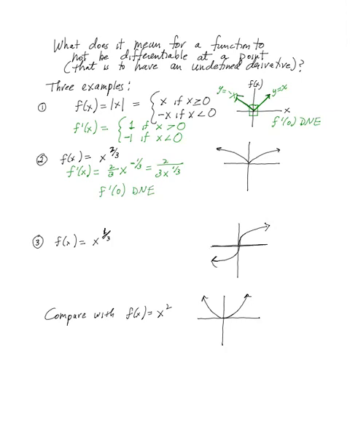What makes this derivative undefined? If x is 0, it's undefined. Notice what happens to the graph at this point where x is 0. Again, there's a corner there.